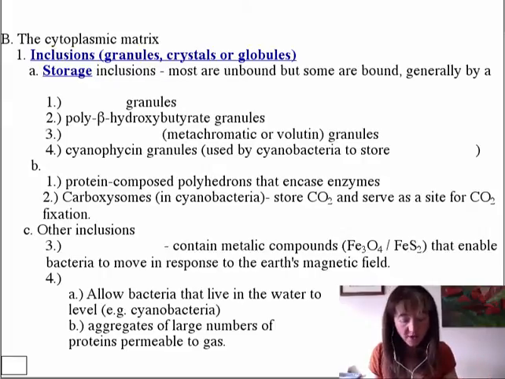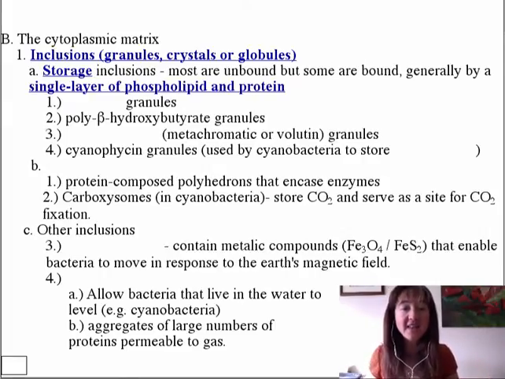Now, they're not bound by a true phospholipid bilayer, and in fact, that is one of the things that differentiates a bacterial cell from a eukaryotic cell. Bacterial cells do not have true membrane-bound organelles, but sometimes these storage granules are bound by a single layer of phospholipids.